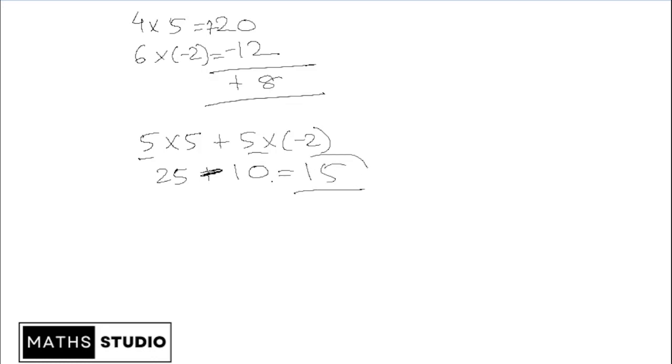So Reshma scores plus 15. Hina gets 2 correct, so 5 into 2, and 5 incorrect, so plus 5 into minus 2. So we can see 10 minus 10, which comes to 0. So let us look at question number 8.